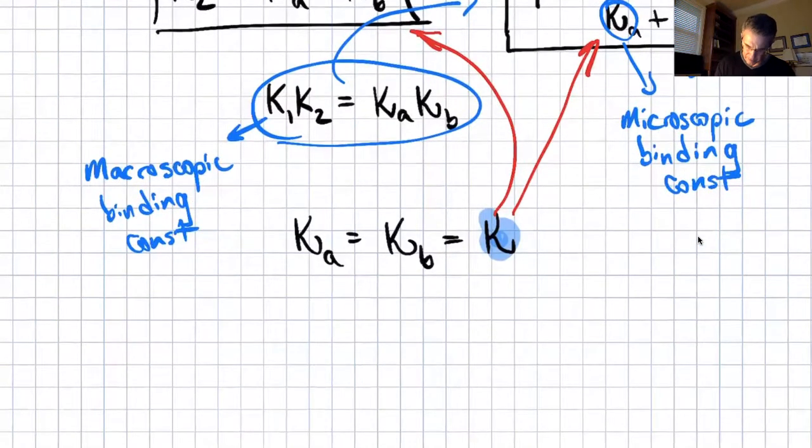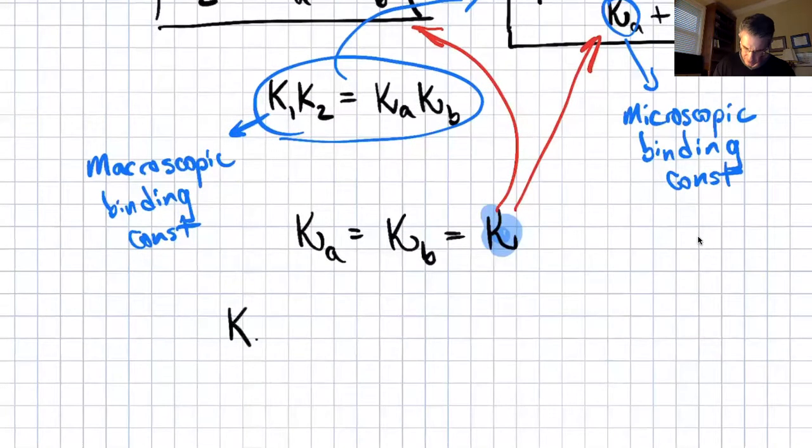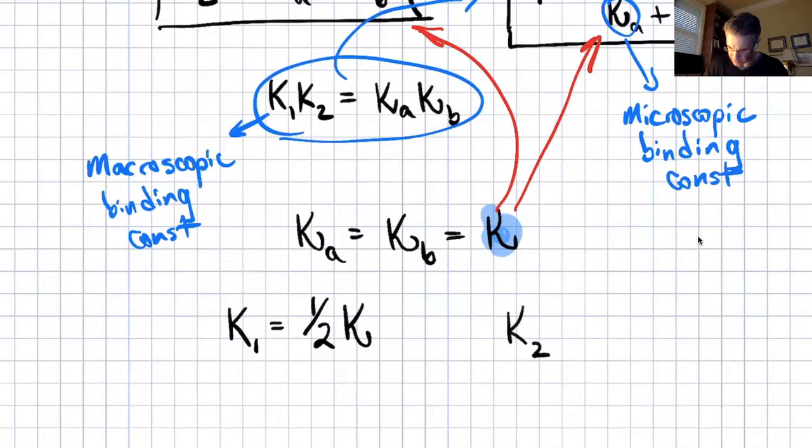That K1, the first macroscopic binding constant, has got to be equal to 1/2 kappa, the microscopic affinity, while the second macroscopic binding constant is equal to 2 times the microscopic affinity.